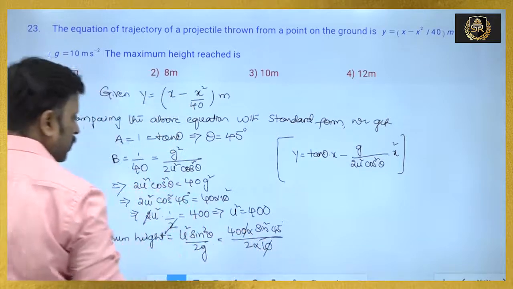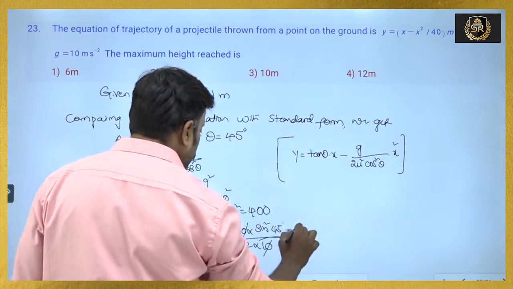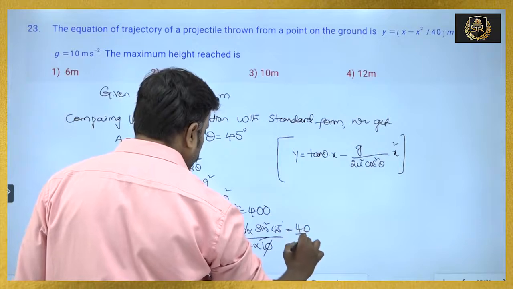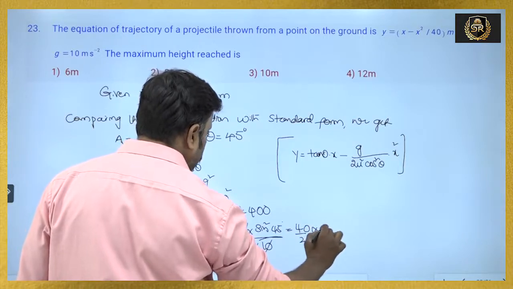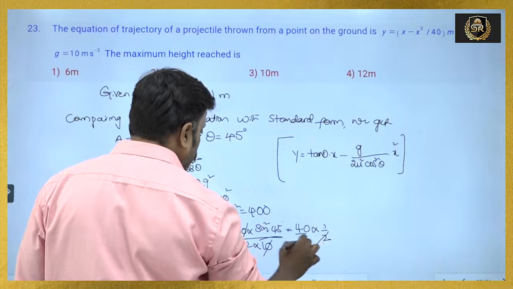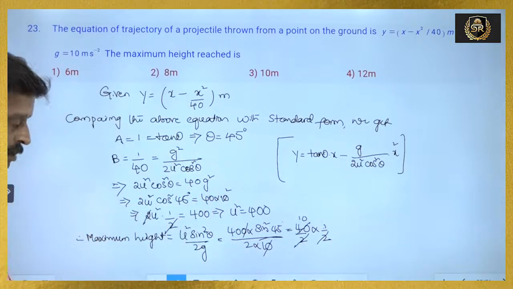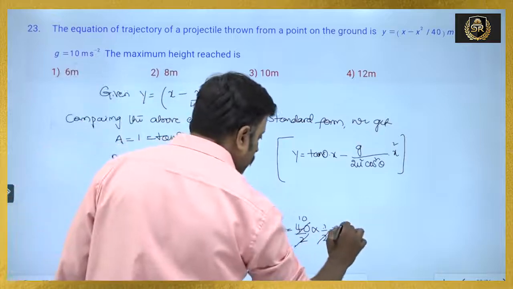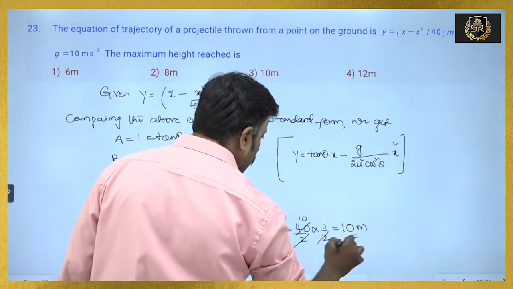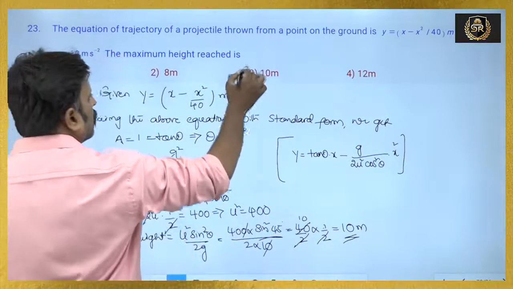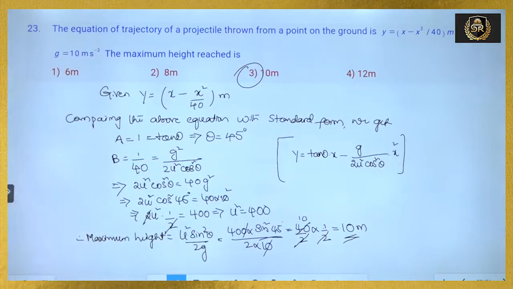We cancel the 0 here. So this becomes 40 by 2 into sin square 45, which is 1 by 2. It goes here 10 times. So I am getting the maximum height as 10 meters. So where is the 10? Third option is the correct one.